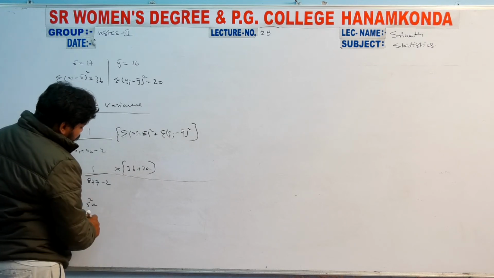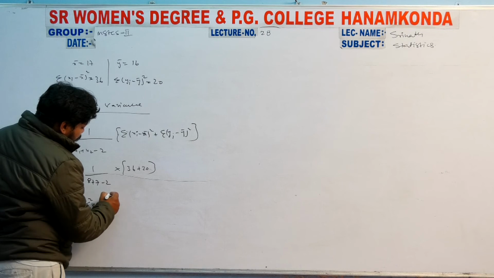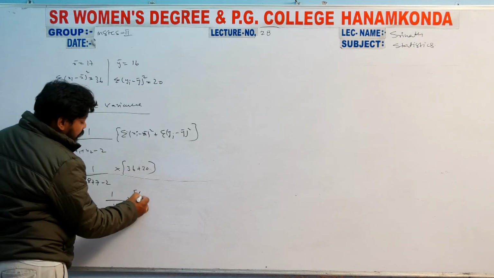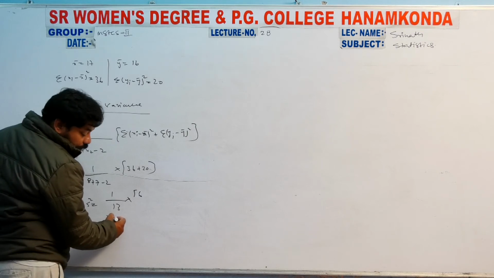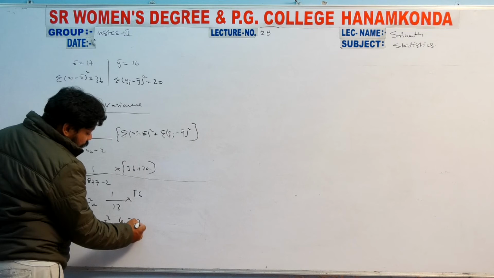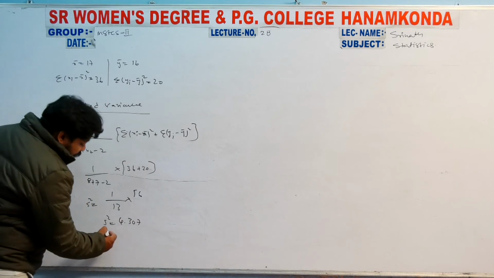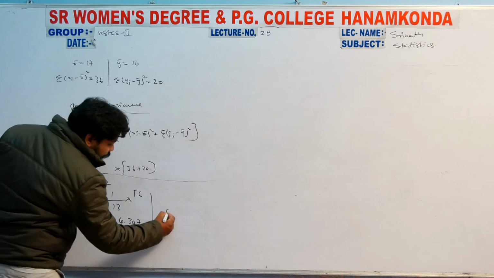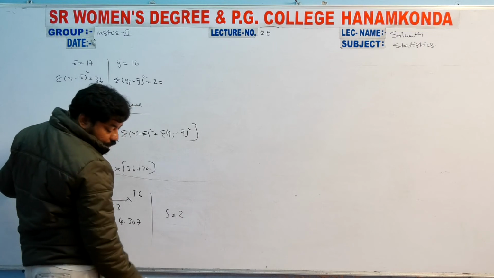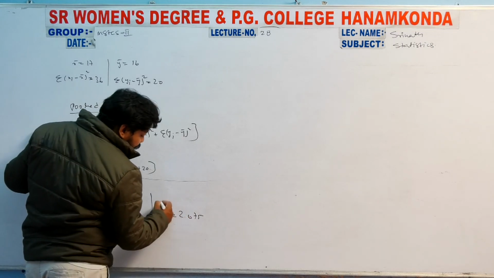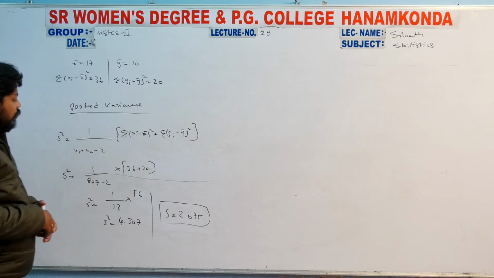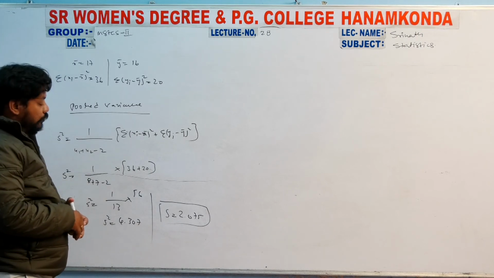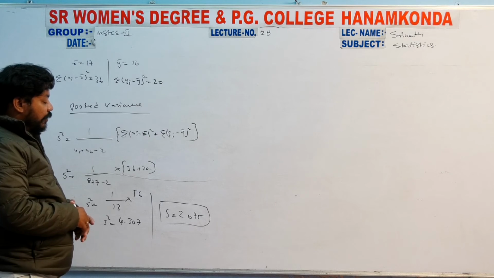S square is equal to 1 by 13 into 56. S square is equal to 4.307, and S is equal to 2.075.